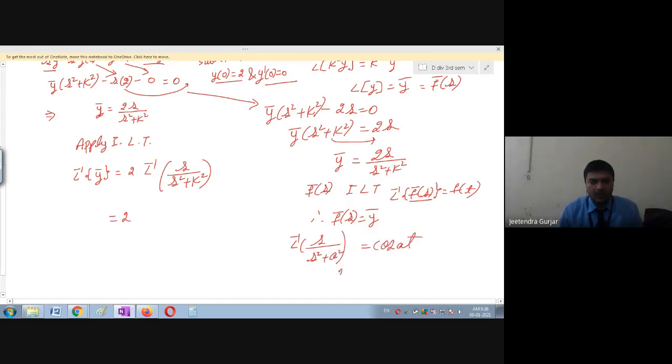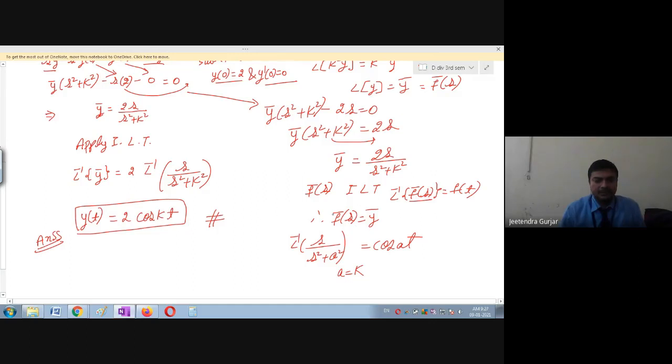This formula will be used, but you can see here a is k. Very good, you have identified. So therefore this is 2 cos kt. Yes, students, therefore this Laplace inverse will become y of t. So any doubts, students? So this is our answer.